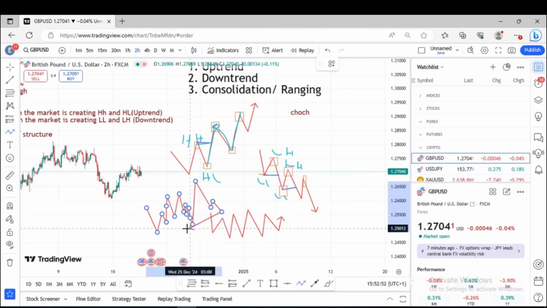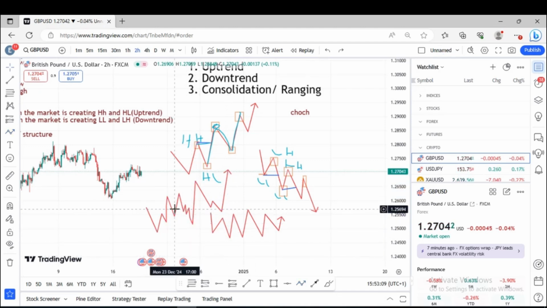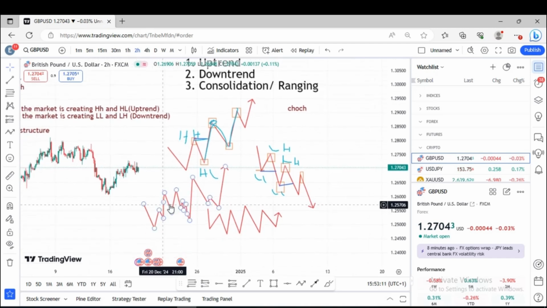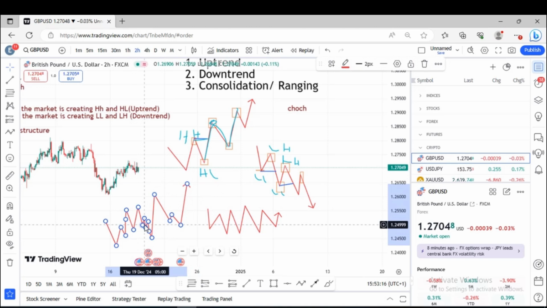It did not break this low again, creating a higher high again. So that's it for market structure, uptrend, downtrend. Now let me show you the market structure in the chart.